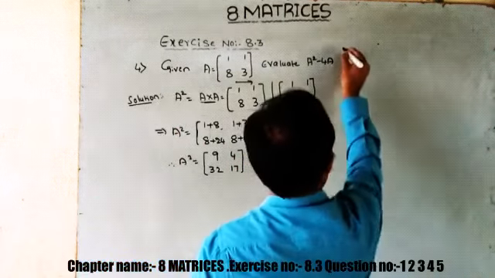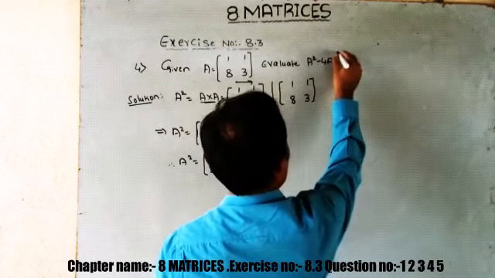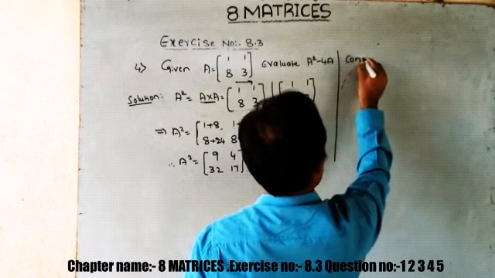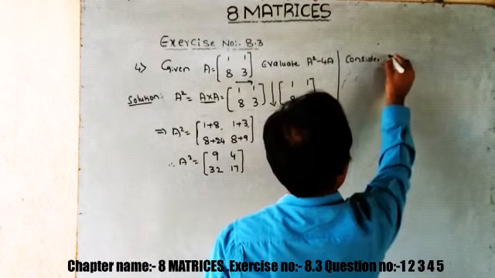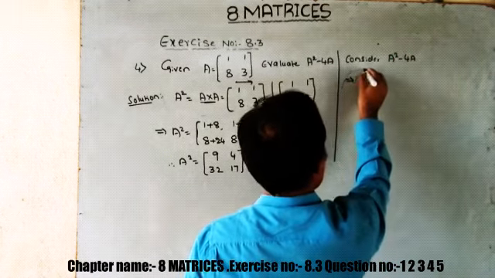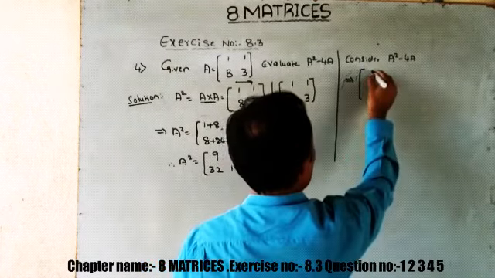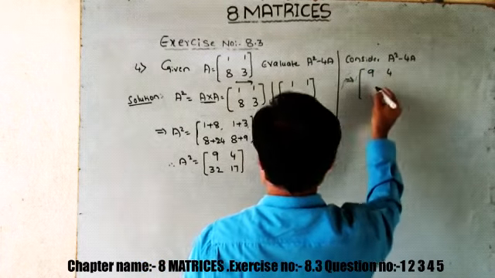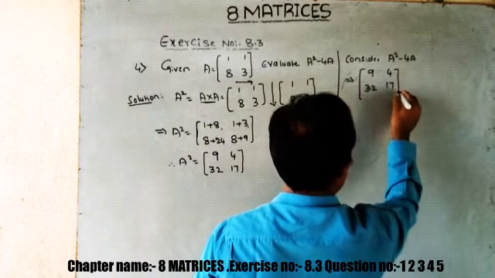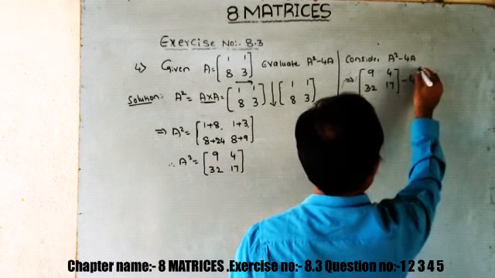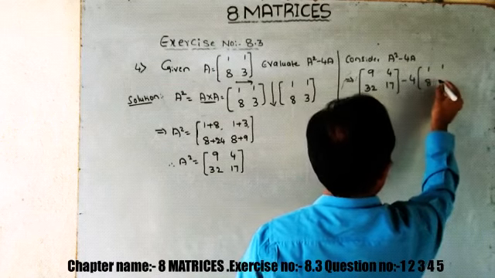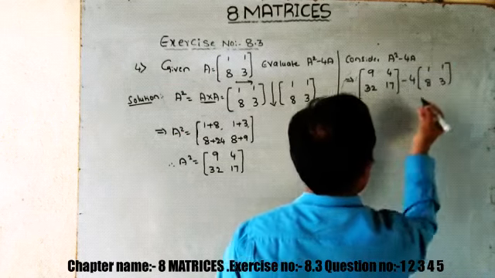Next, therefore, now we consider what you have to calculate. So consider A square minus 4A. The A square value we got already: 9, 4, 32, 17, minus 4 into 1, 8, 3, multiplication of a matrix by scalar.